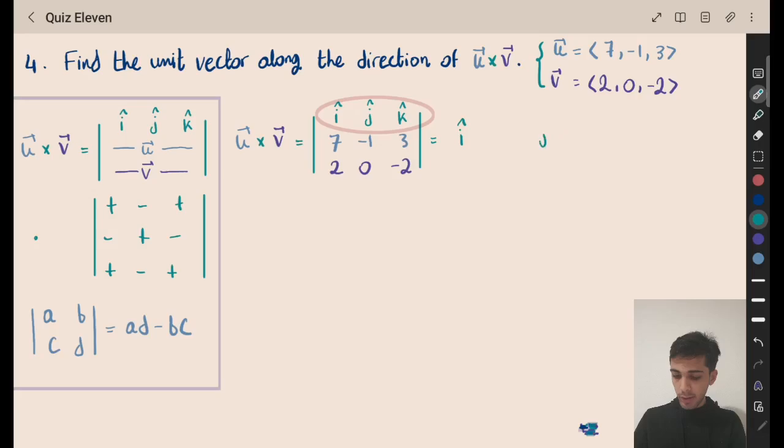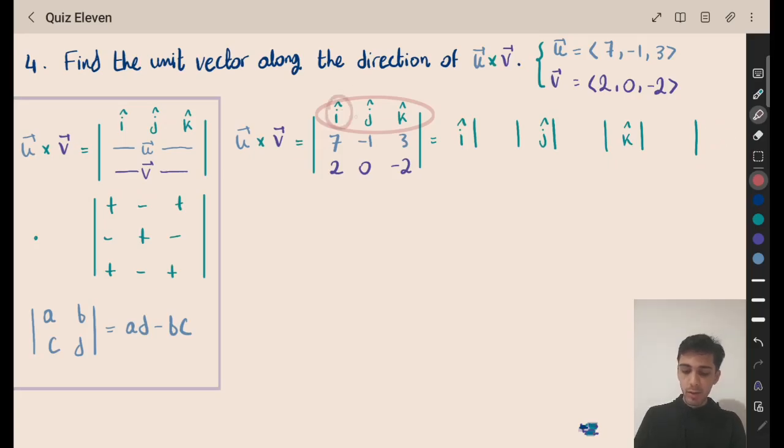So I write i, j, and k. Next to them, there will be smaller determinants, which we'll talk about in precisely one moment. Before we talk about them, we need to be careful with the signs. Here we have something that tells us about the sign that should be next to each term.